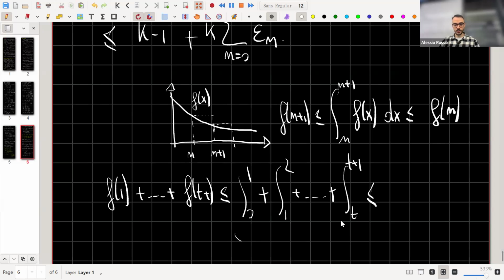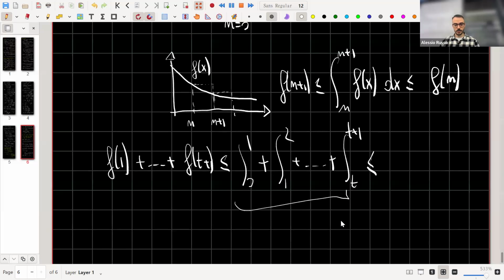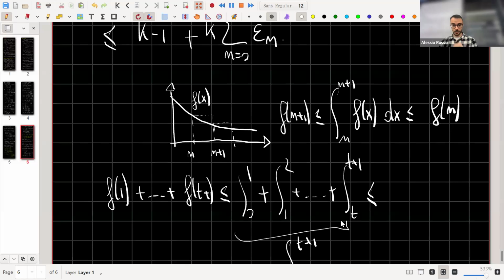And this integral here is the integral from 0 to t plus 1, and it's upper bounded. So the first term is upper bounded by f of 0, and so on, up to f of t.